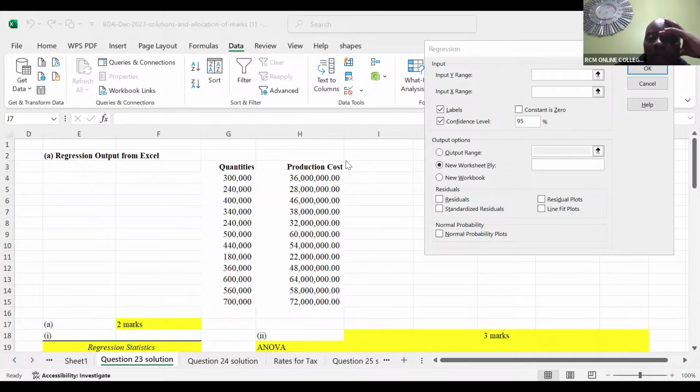Automatically, production cost will depend on quantity, because the higher the quantities you produce, you expect the production cost to shoot up. So production cost depends on the quantity you produce. Production cost automatically becomes our Y.